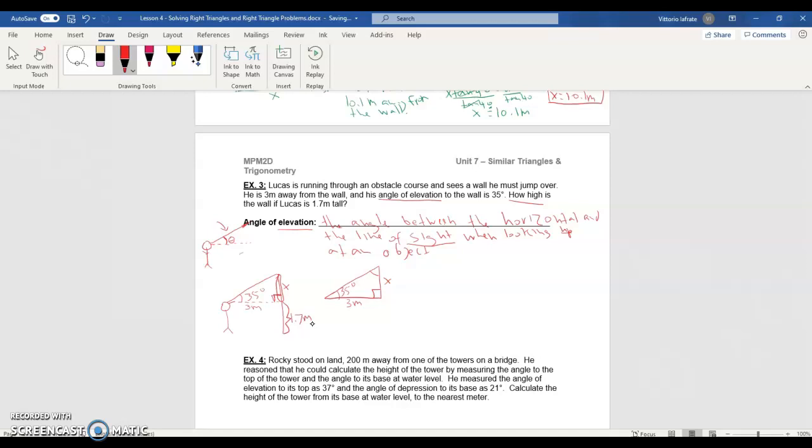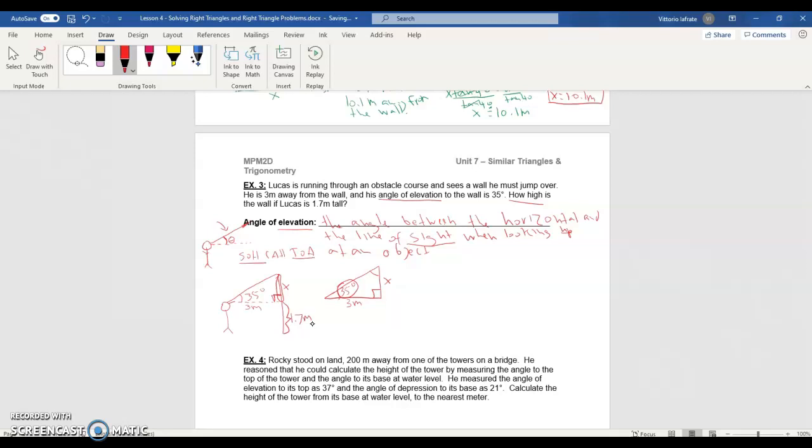We can do SOHCAHTOA. So let's write down SOHCAHTOA. We want to find x, so we'll choose our angle that we have here. We have angle 35. How does x relate to angle 35? Well, x is the opposite side to angle 35. So we're dealing with either tan or sine. Let's see. The known side that we have is adjacent to 35.